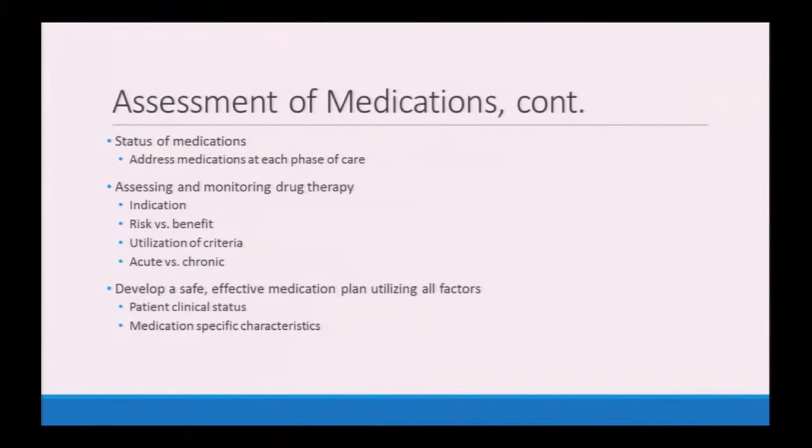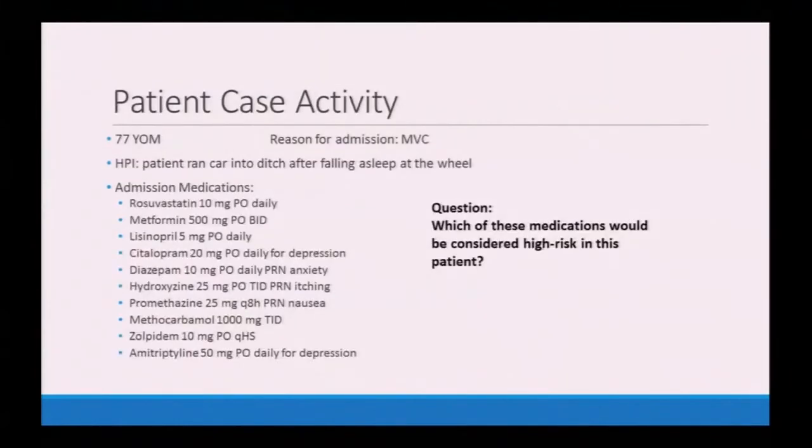outcomes. So I have a little patient case activity, so I just want you to take a minute and look at the medication list and try to identify which of these medications you would consider as high risk. And you don't have to answer, just think of it.